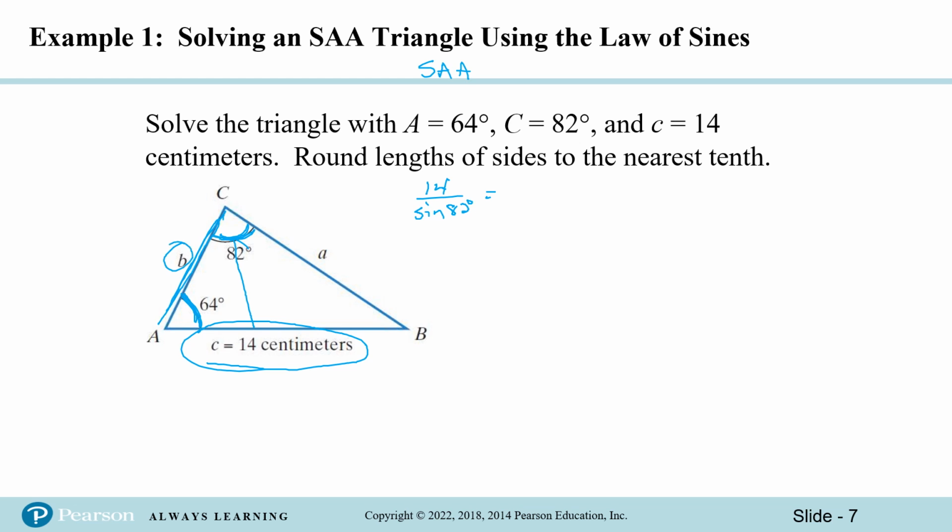So let's do B divided by the sine of B, and that will also equal A over the sine of 64 degrees.